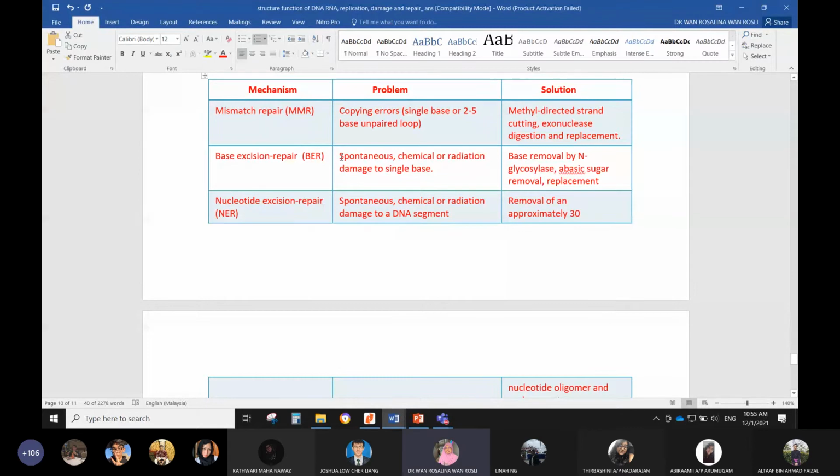Imagine your DNA as something that has to be maintained. It has to be maintained because it is the blueprint of the cell. So when any damage is done to it, it would have mechanisms to try to correct it.